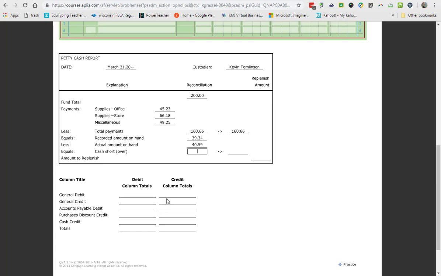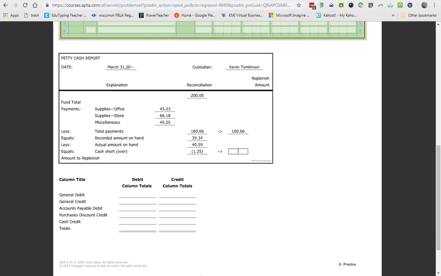So the difference between the two is my cash short and over. But I want you to notice right here, over is in what? So with this, if it is an over number, you have to put it in parentheses. $1.25.